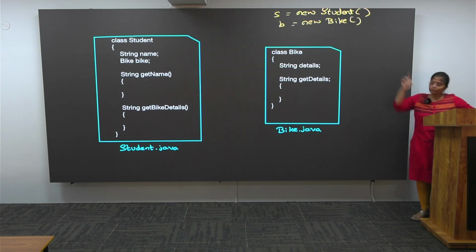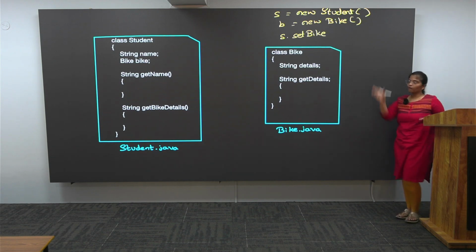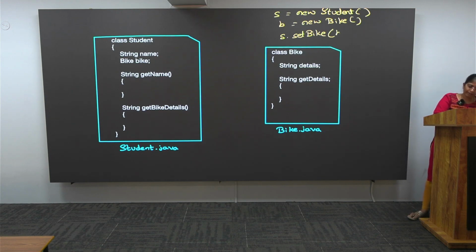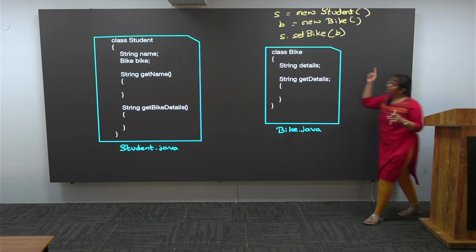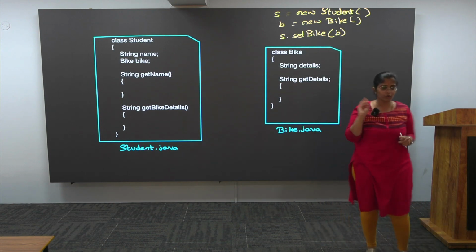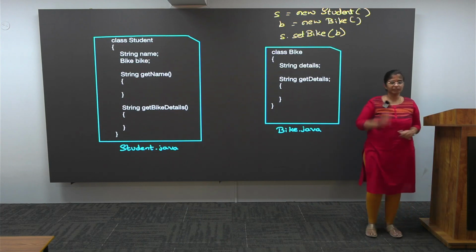Now using this student object you will call one method. Which method will you call? Set bike. As of now it is not there, all the setters, getters, everything will be there, and you will pass this particular bike object. And if you do this, you will be able to assign a value for your bike object, correct or not? This is how you will do it, and this is nothing but dependency injection.